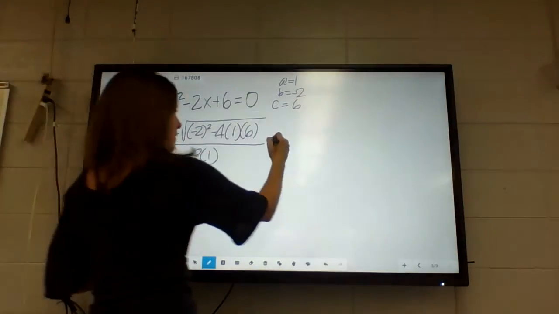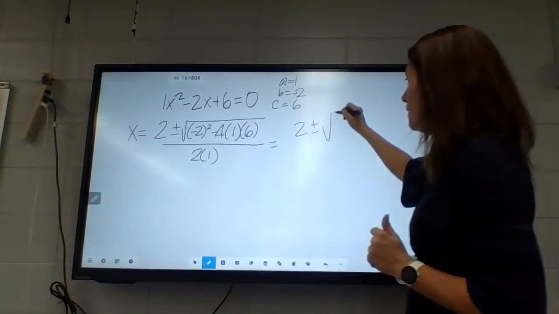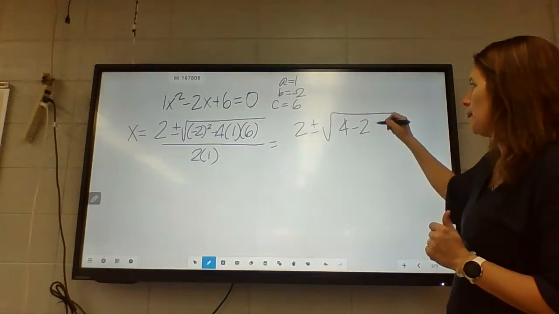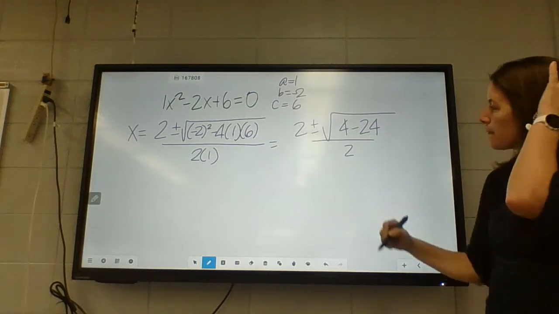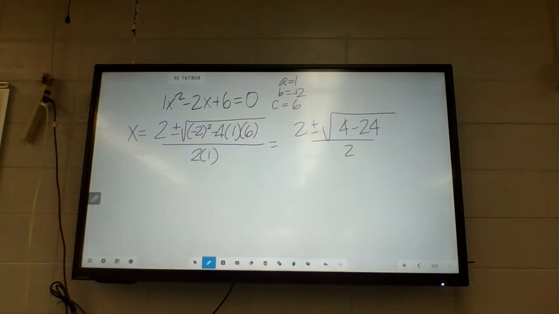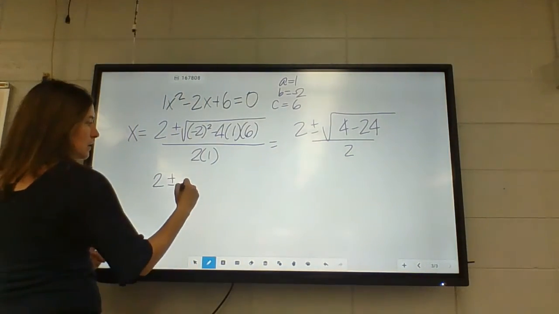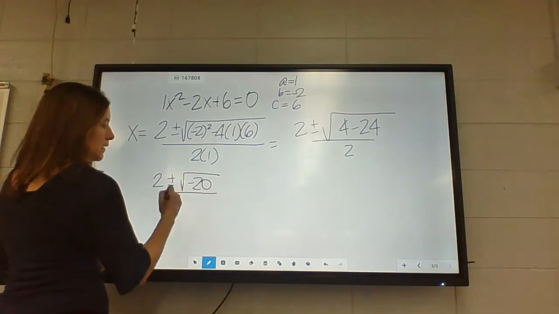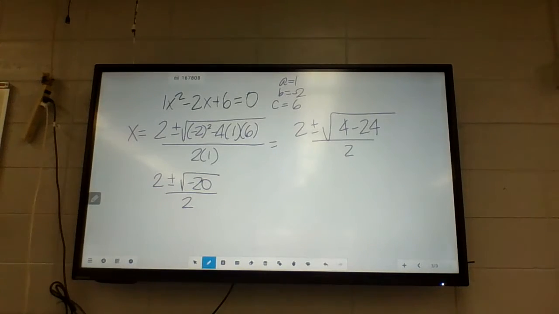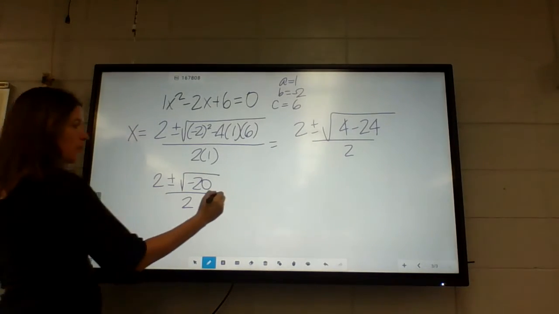So I get 4 minus 24, which is a negative 20. I'm going to pull that i out of there because of that negative 20.